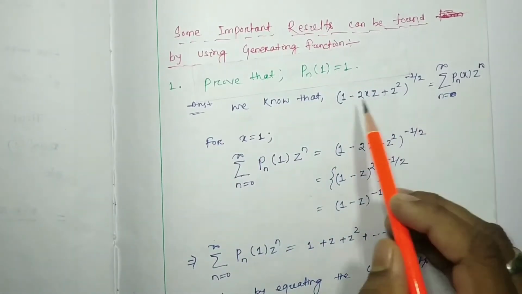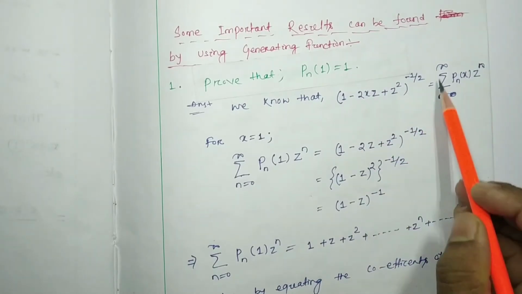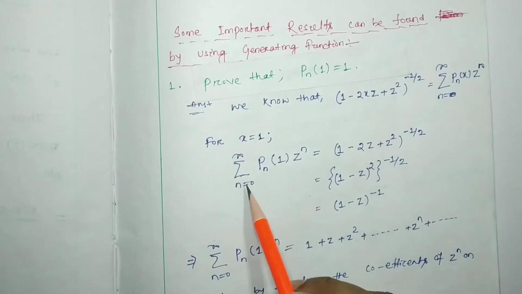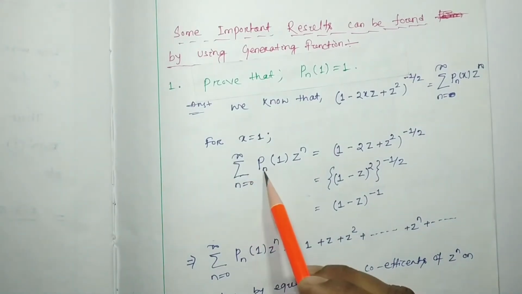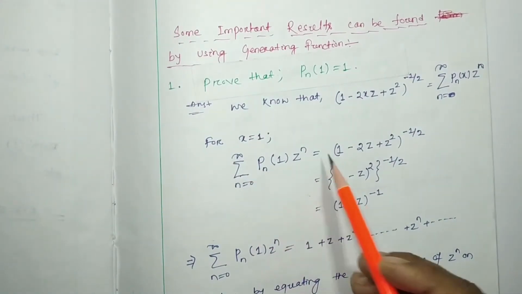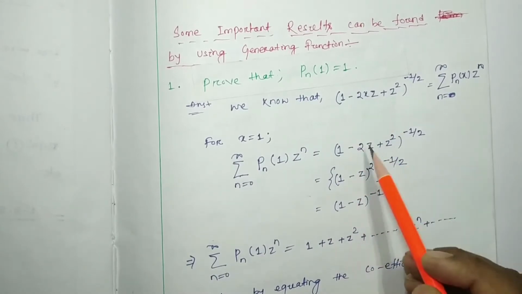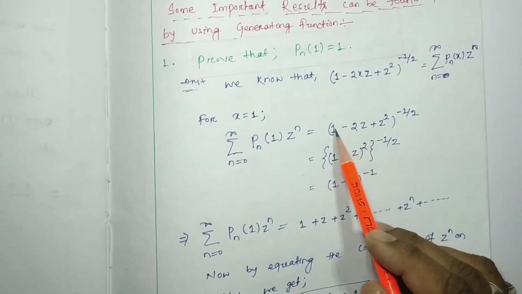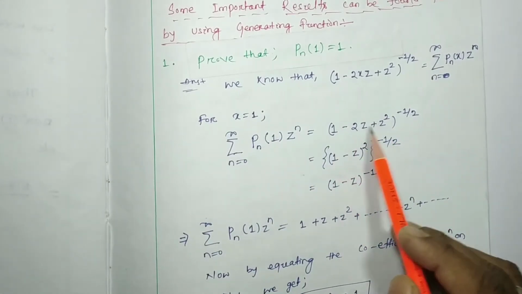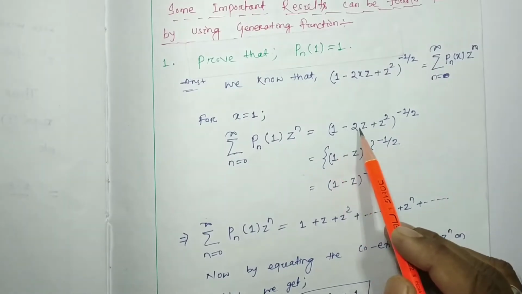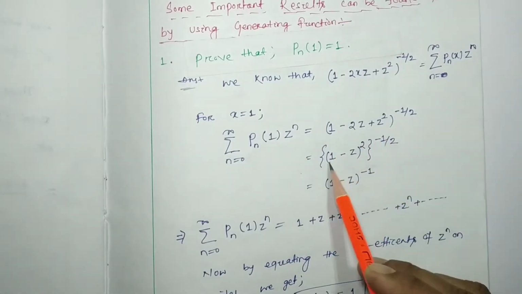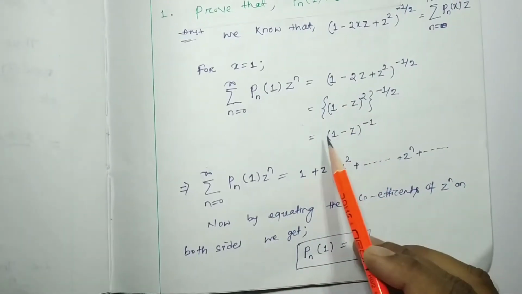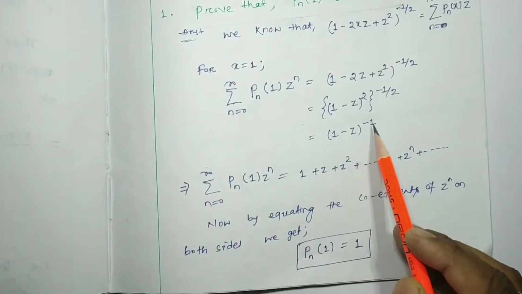So the summation over n equals 0 to infinity of Pn(1) z to the power n is equal to (1 minus 2z plus z square) to the power minus 1 by 2. This is in the a minus b whole square format, a square minus 2ab plus b square. So it is (1 minus z) whole square to the power minus 1 by 2, which gives (1 minus z) to the power minus 1.